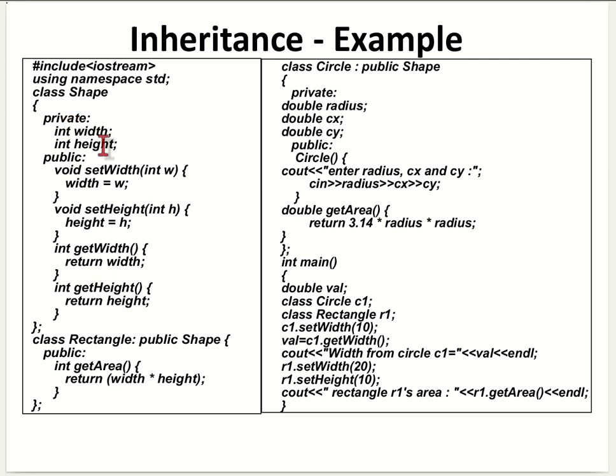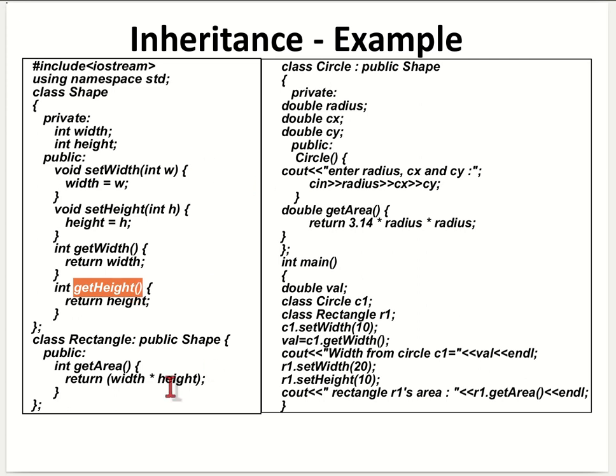We have the set width, set height, get width, and get height functions. Inside the class definition of shape, we have private variables width and height, and public functions set width, set height, get width, and get height.